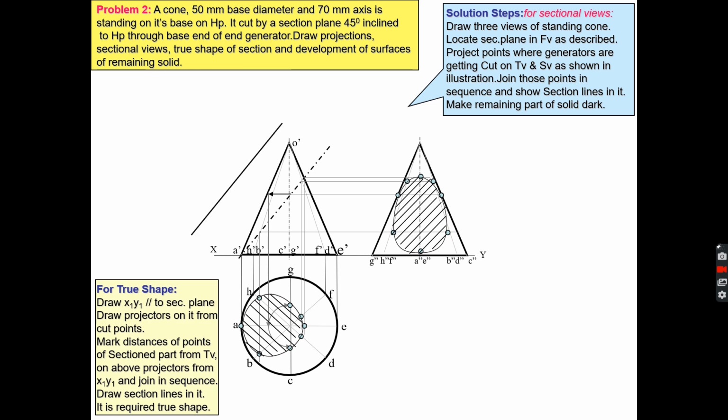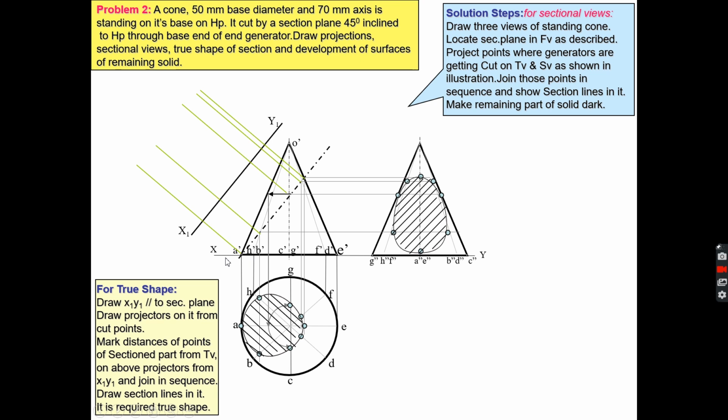So for drawing the true shape of the section, as you have done earlier, you have to draw a new reference line parallel to the section plane, drawing perpendicular lines to the reference line from the points you are getting after cutting the cone.